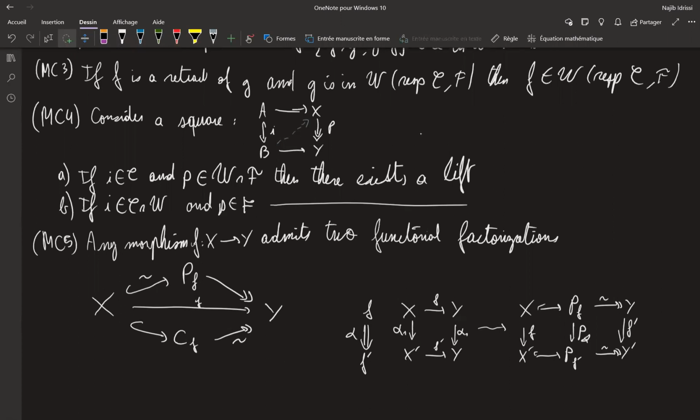It's not really that it's unique, it's more that it's part of the data. It's part of a functor, called P or C for this one, which assigns to any commutative square like this a commutative rectangle like that. All right?